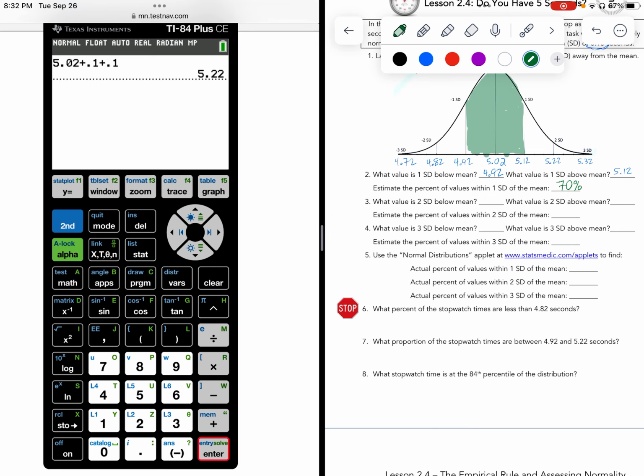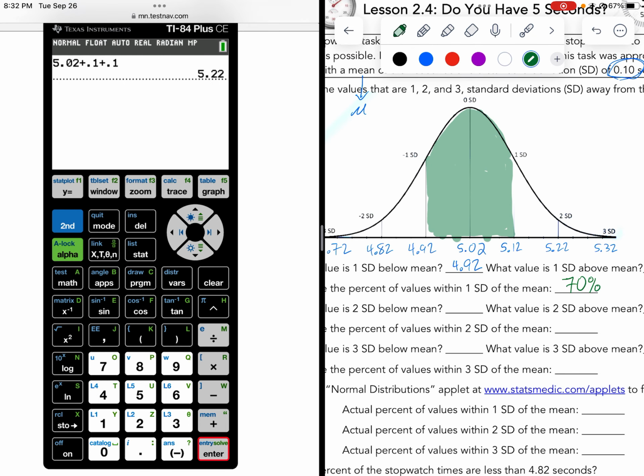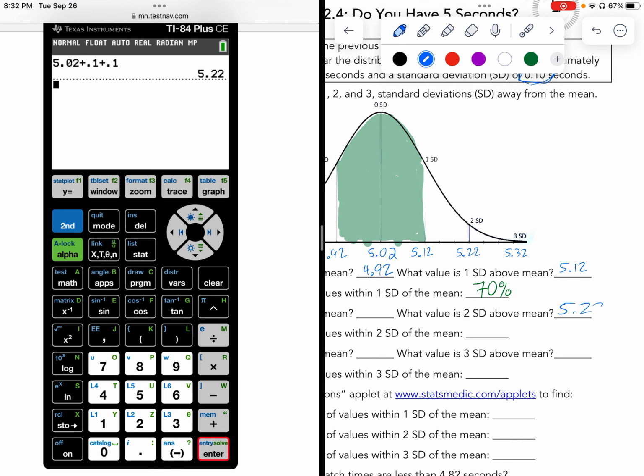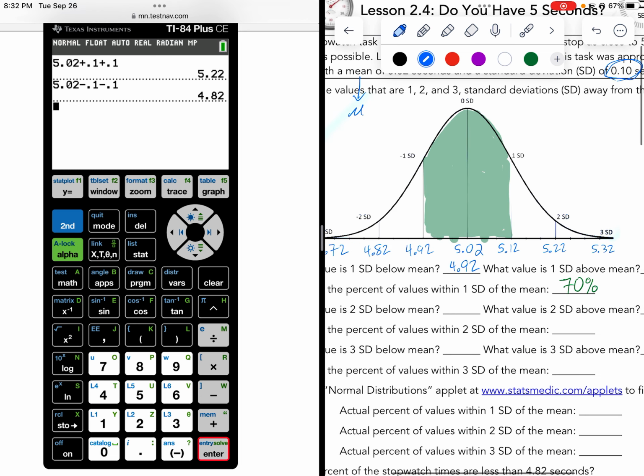In case you're wondering where I'm getting these numbers, right over here, plus 0.10 plus 0.10. That would be 2 standard deviations above, over here. And then 5.02 minus 0.10 minus 0.10, in case you want to see the calculator steps, is 4.82.